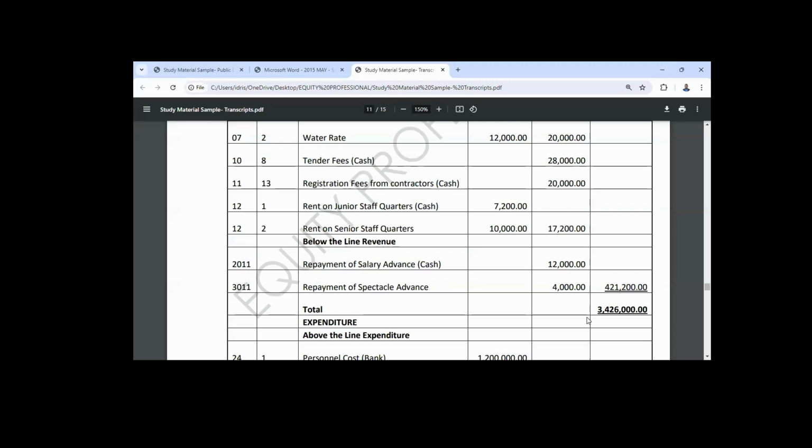So our total revenue is going to be 3,426,000. Our total revenue will be 3,426,000. That is our total revenue.